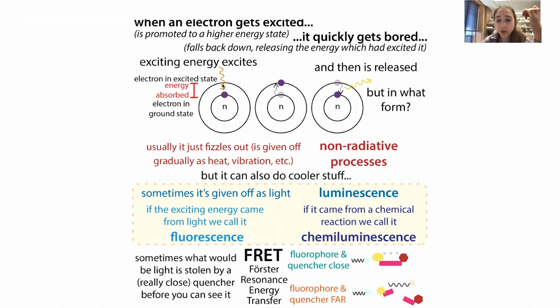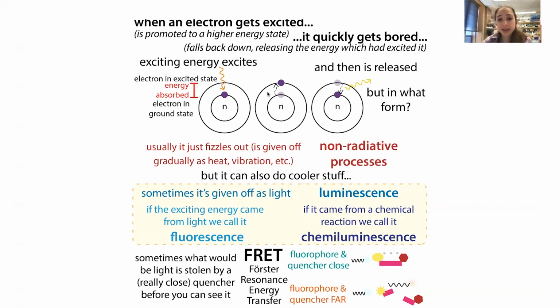If they get more energy, they can get promoted to a higher energy level, but they can't stay there for very long. And so then they fall back, and they can give off that energy in different ways. If they give it off as light, then we call it luminescence. If they absorb the energy from light, then we call it fluorescence. And if it was from a chemical reaction, it's chemiluminescence and so on.